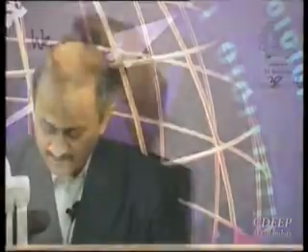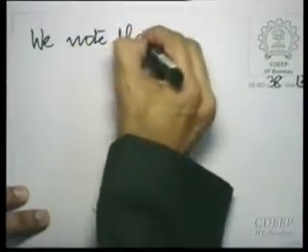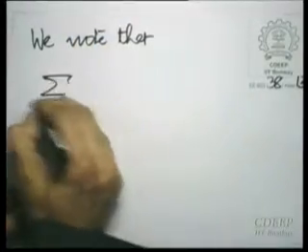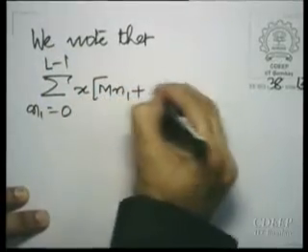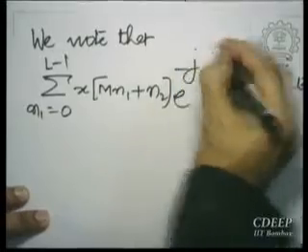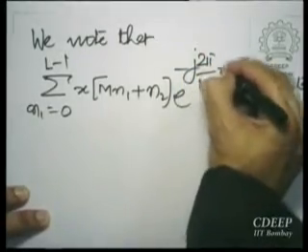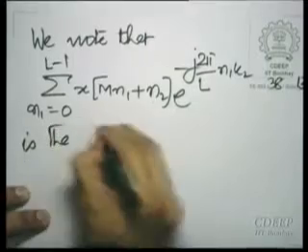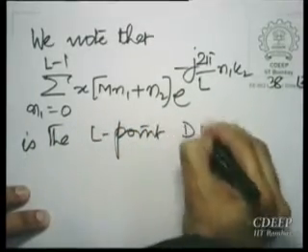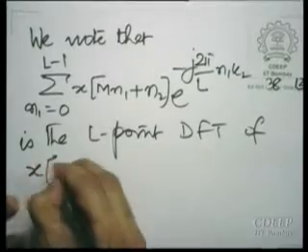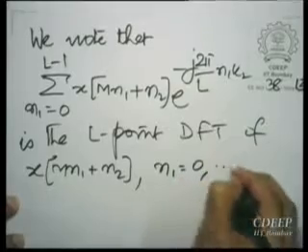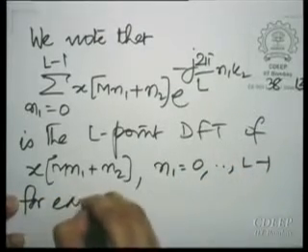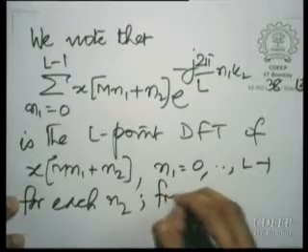We note that the summation n1 going from 0 to L minus 1 of x m n1 plus n2 times e raised to the power minus j 2 pi by L times n1 k2 is the L-point discrete Fourier transform of x m times n1 plus n2, n1 going from 0 to L minus 1 for each n2, and the frequency index is k2.